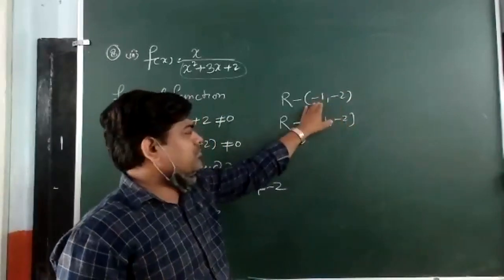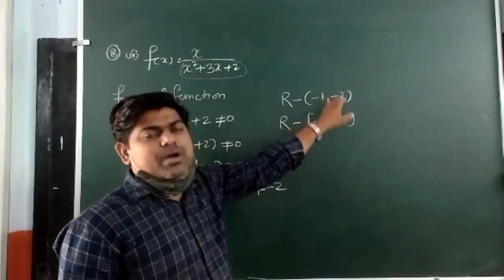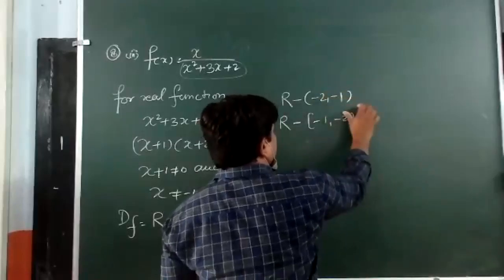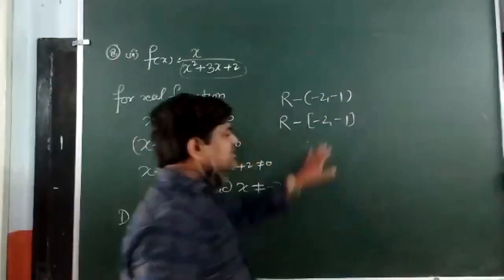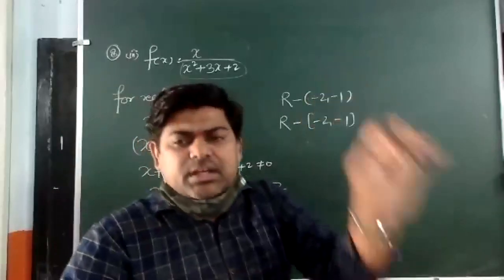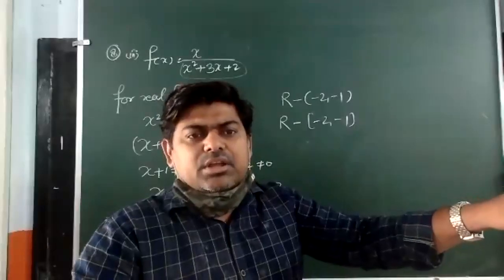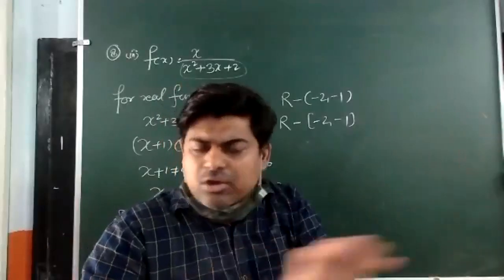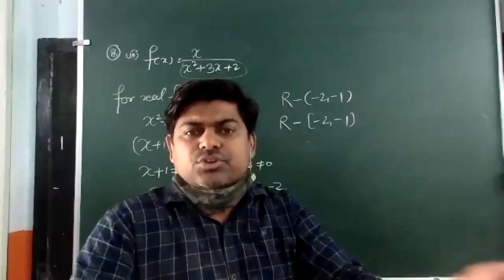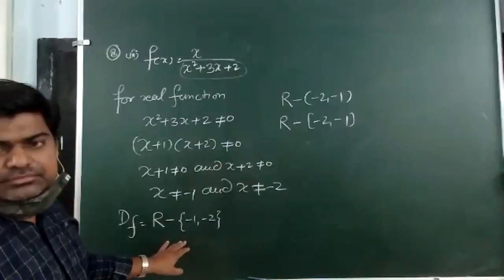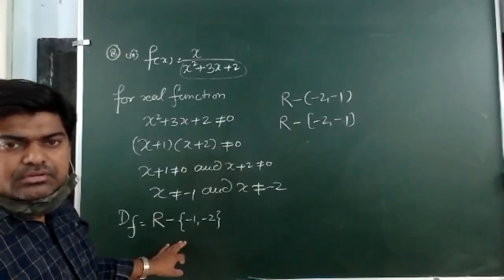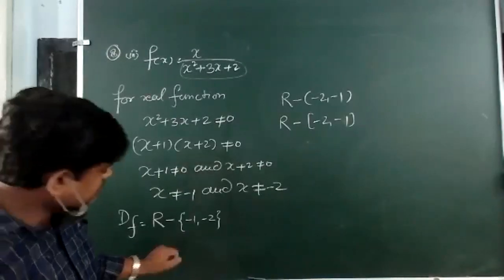Sorry, -2 to -1, because -2 is less than -1. It can be written like that, but these are wrong. Between -2 and -1, many other real numbers are there. I'm not talking about these real numbers. I'm talking about exactly -1 and -2. So we will use here the curly bracket. Simply I'm telling you. Are you getting me? Okay.